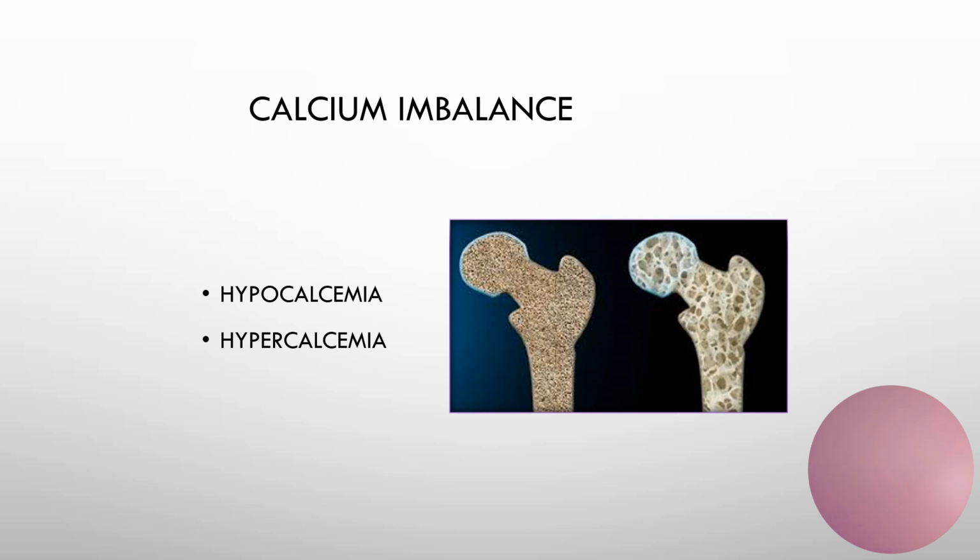These clients are going to have tingling, circumoral paresthesia, so numbness or tingling around the mouth, muscle cramps, the positive Chvostek sign. This is where you tap the nerve in front of the ear on the cheek, and it causes muscle twitching. The Trousseau sign, bleeding, or tetany.